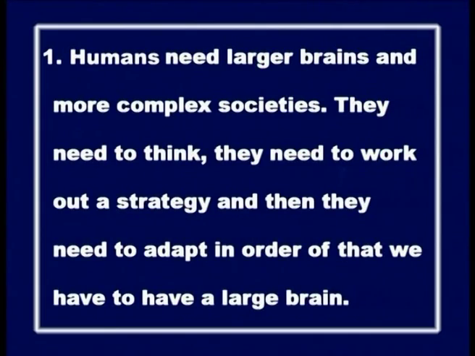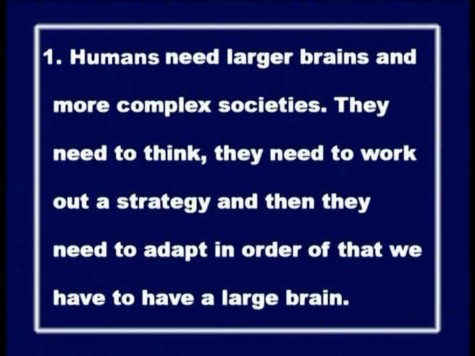The first and foremost is that humans need larger brains and more complex societies. They need to think, they need to work out a strategy, and then they need to adapt.